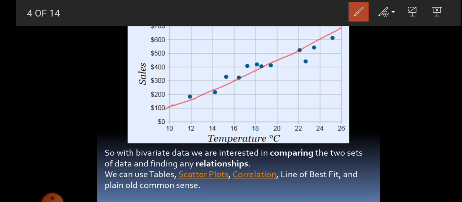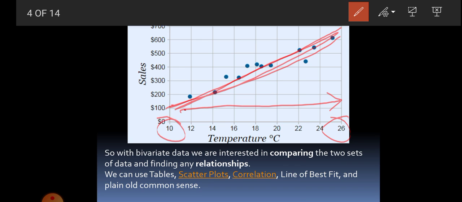What is the actual meaning of this line? It shows that as the temperature is rising, earlier it was 10 degrees Celsius, now it rises up to 26 degrees Celsius, the sales are also rising. You can see that earlier it was around 100, and now it is more than 600.